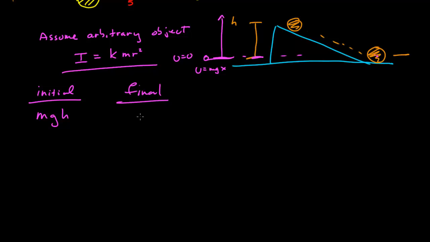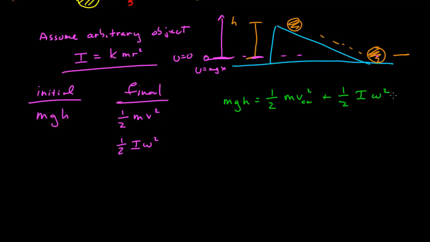Okay, so for my final energy, I won't have any potential energy, but I'm going to have kinetic energy of translation, which is 1/2 mv squared, and I'll have some kinetic energy of rotation, which is 1/2 I omega squared. So if I conserve energy, I have mgh equal to 1/2 m v center of mass squared plus 1/2 I omega squared.